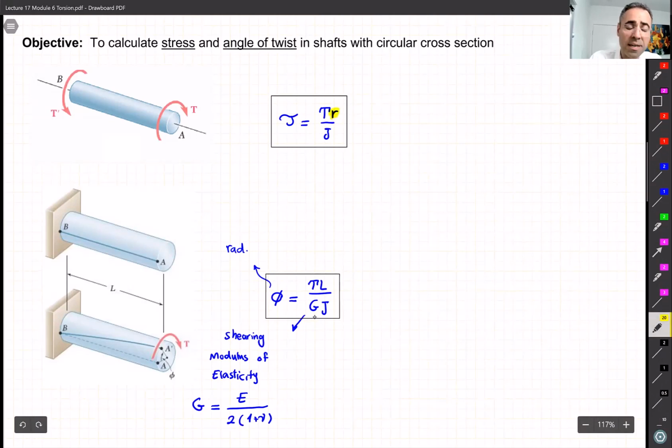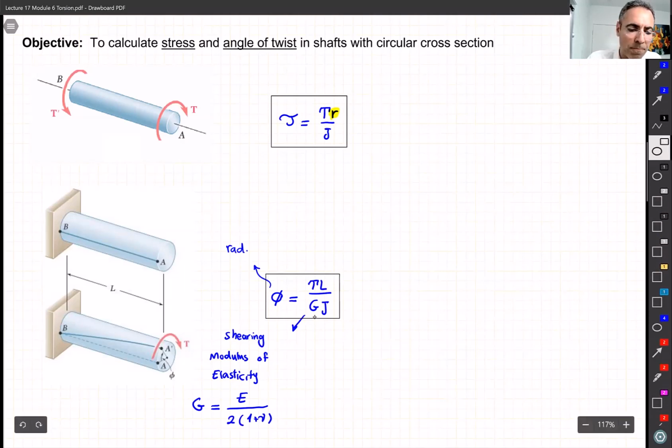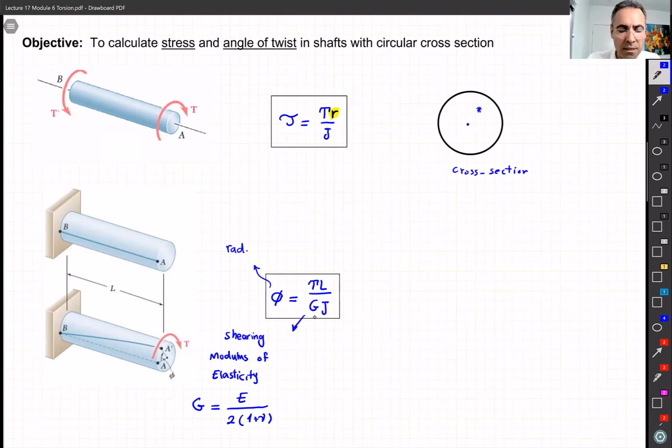Here, R is the radius where we want to calculate stresses, which usually we calculate the stress for the outer diameter. Let's say if it is the cross section, and for some reason somebody is interested to find stresses in the middle of a cross section, which is very, very rare, then that person puts this radius R here.